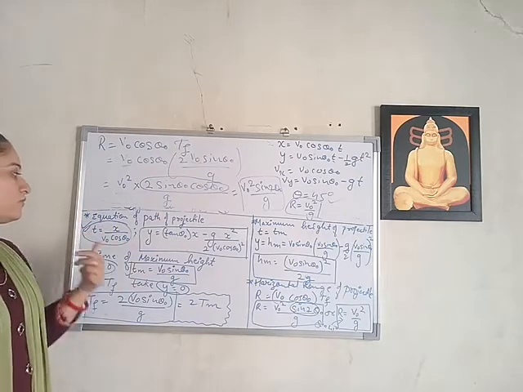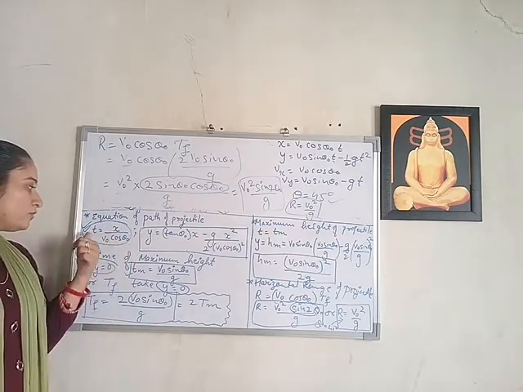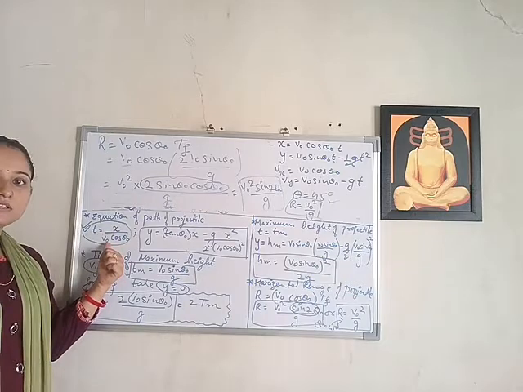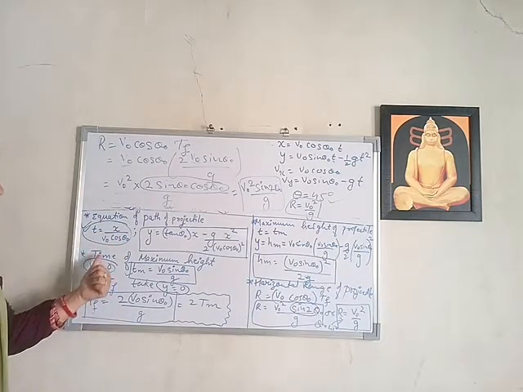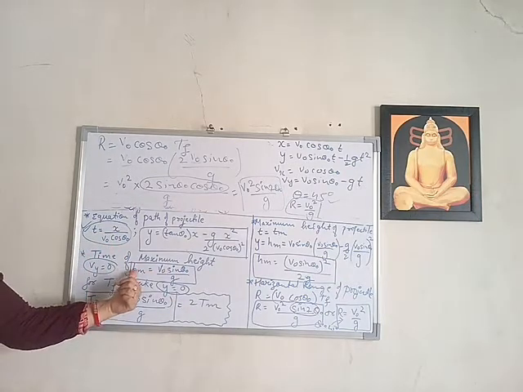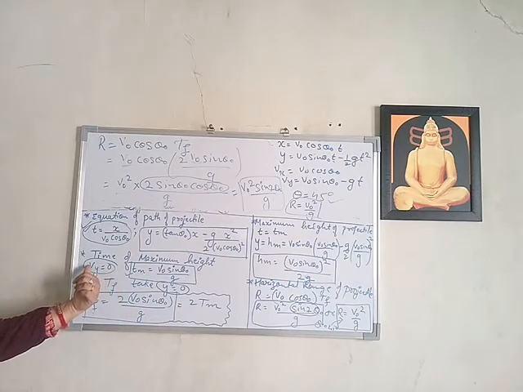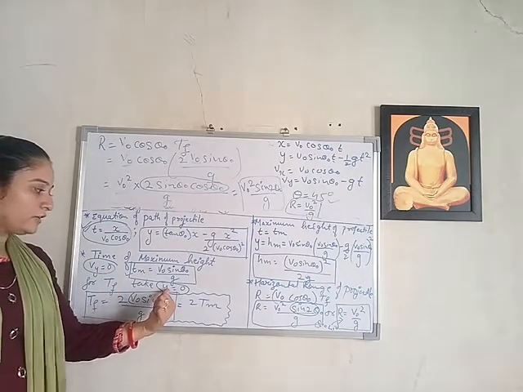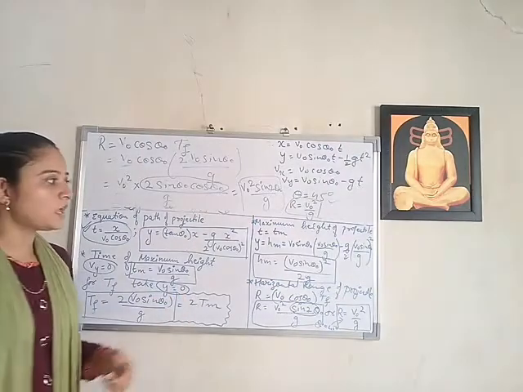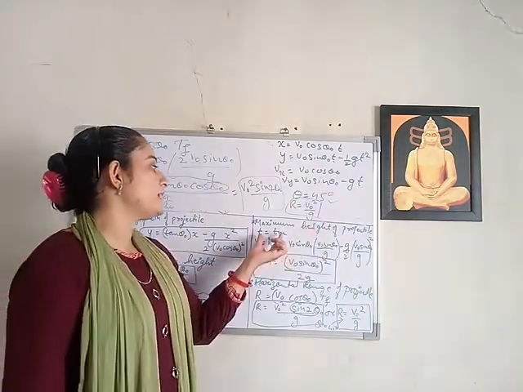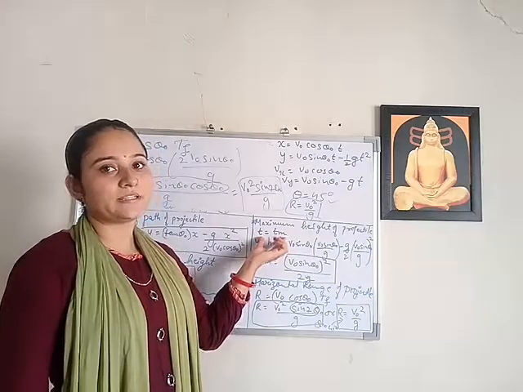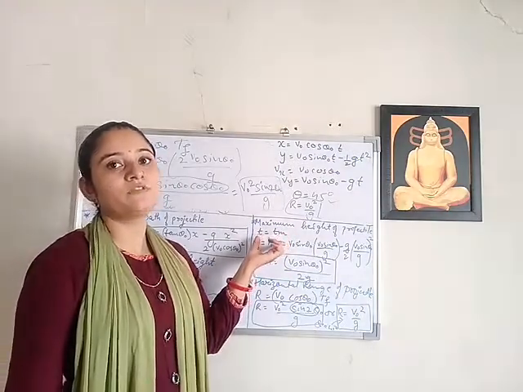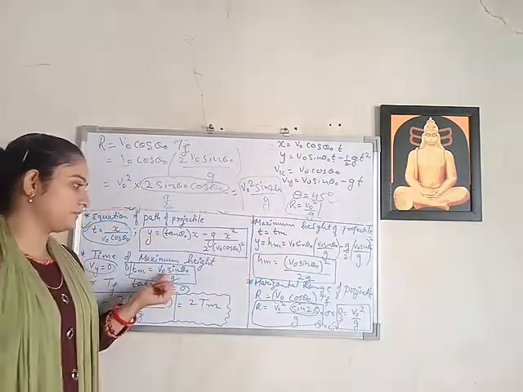For the equation of path of projectile, in y you have to put t equal to x upon V0 cos theta 0. For the time of maximum height, Tm, you have to take vy equal to 0. For time of flight you need to take y equal to 0. For maximum height you have to take t equal to Tm, putting the value of Tm in place of t.